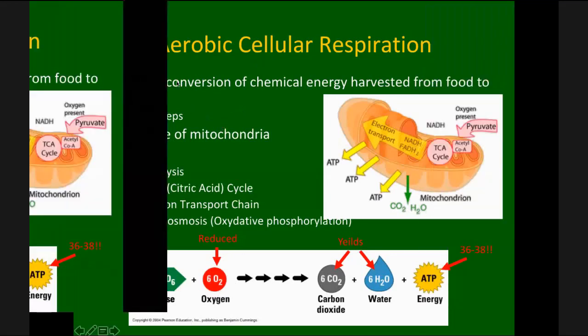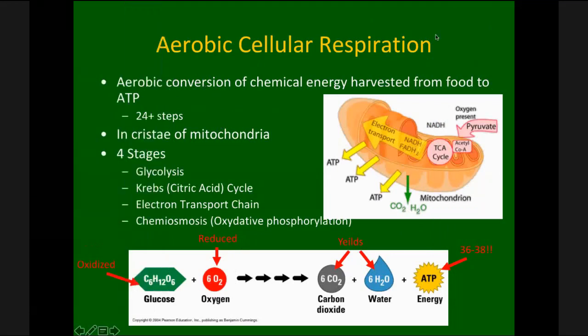So remember, aerobic cellular respiration has over 24 steps, lots of different chemical reactions. We're going to break it down into 4 major events, right? And I'm going to remind you that all of this is happening inside of the mitochondria, right? Inside your mitochondria, you've got all these folds of phospholipid bilayer.